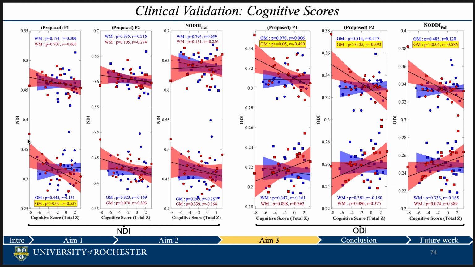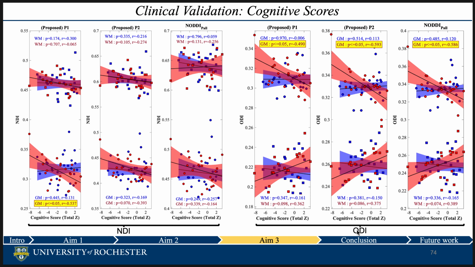We saw another case for the cognitive scores where we had two groups in hand. One was the HIV positive group shown in red here. Another one was the control group shown in blue. So when you look at these two different groups, we also saw similar kinds of trends coming in.